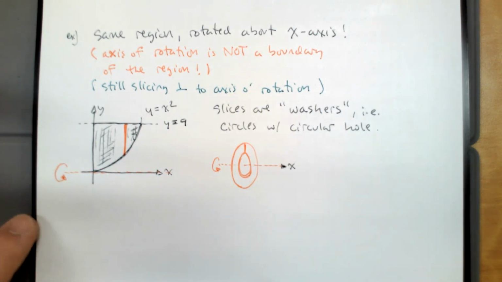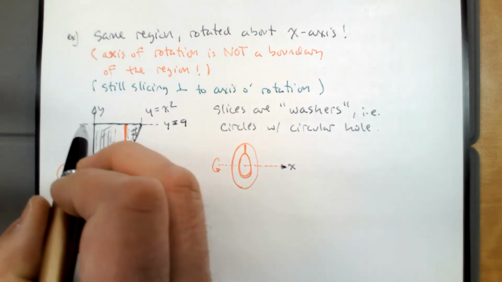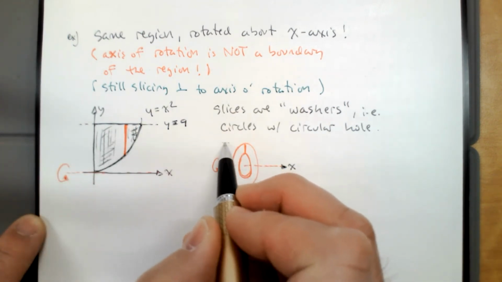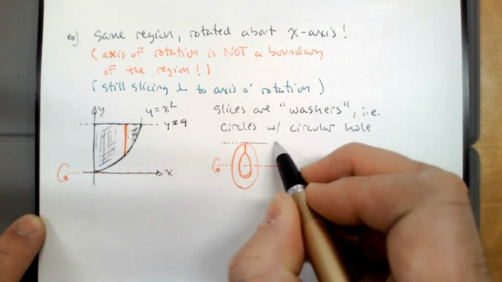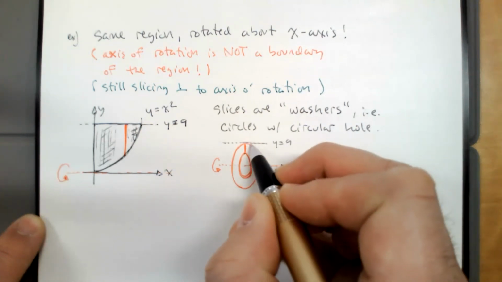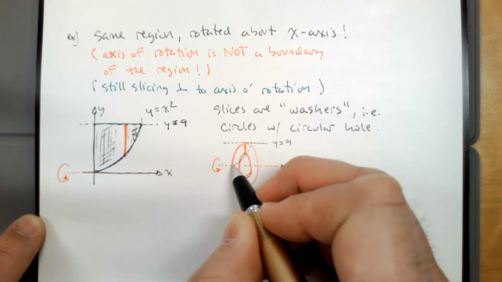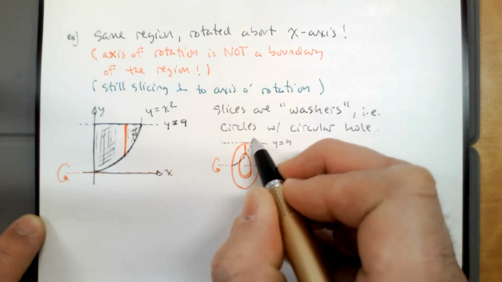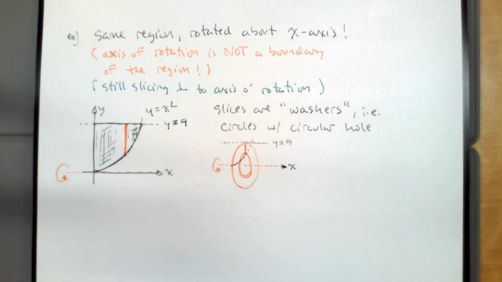So if we think of the other parts that are attached to this circle, the top out here is y equals 9. And here is where we'll hit the parabola. So we'll have a similar shape.